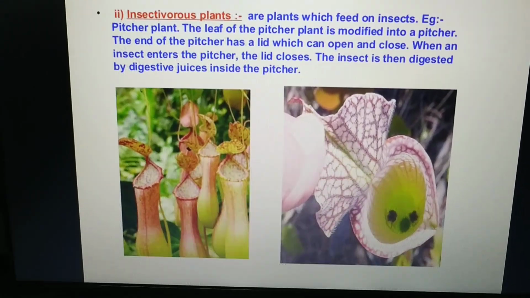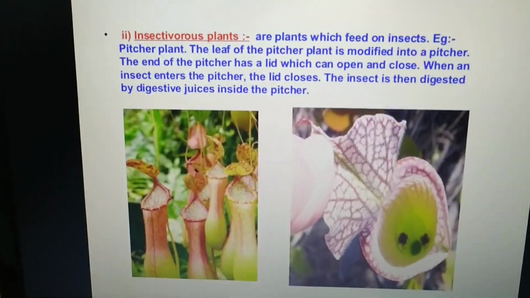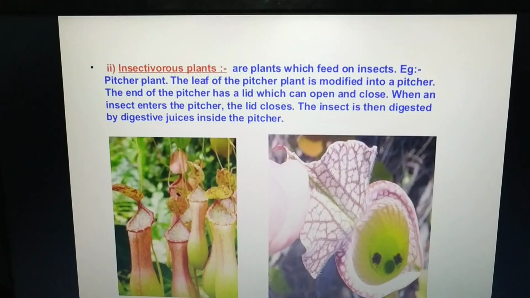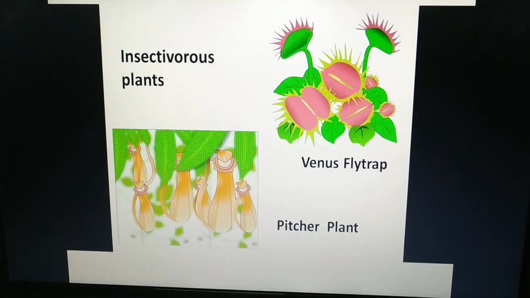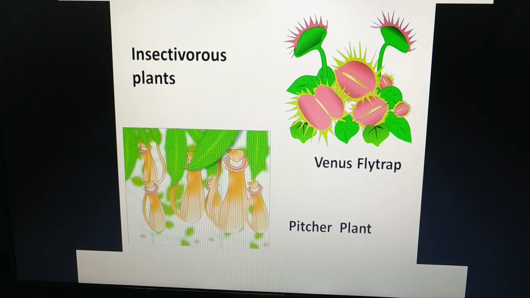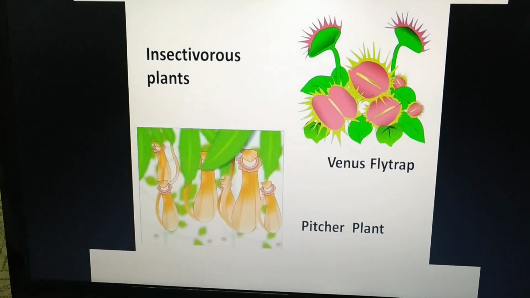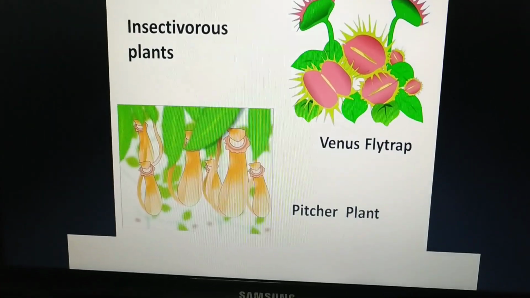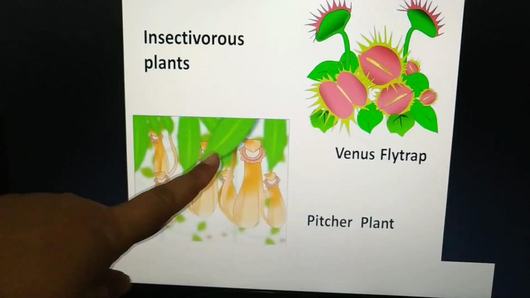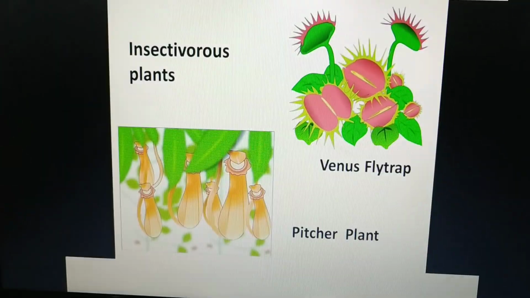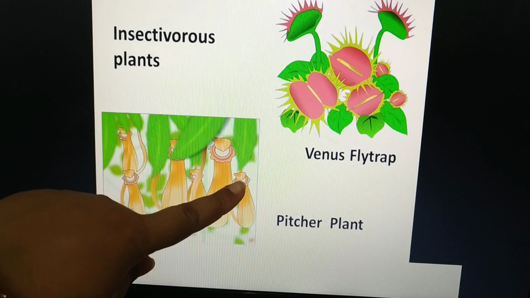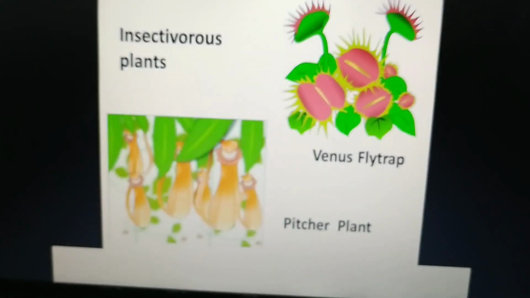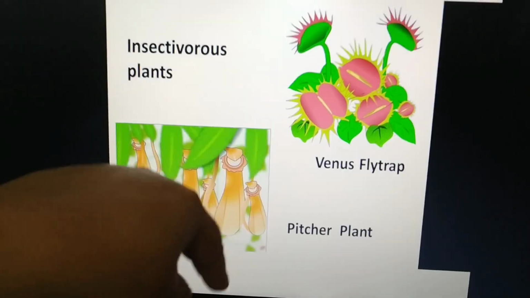Let us talk about the first plant, which is known as the pitcher plant. This is the pitcher plant, children. In this pitcher plant there is a pitcher-like structure which has a lid over its top. Whenever any insect sits on its lid, the insect slides down inside this pitcher.